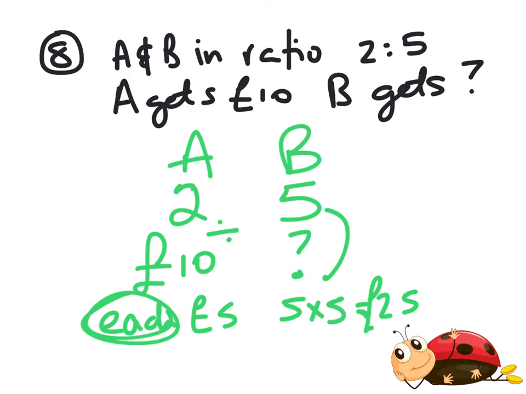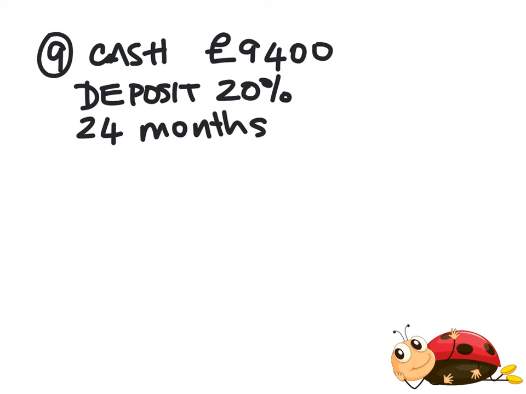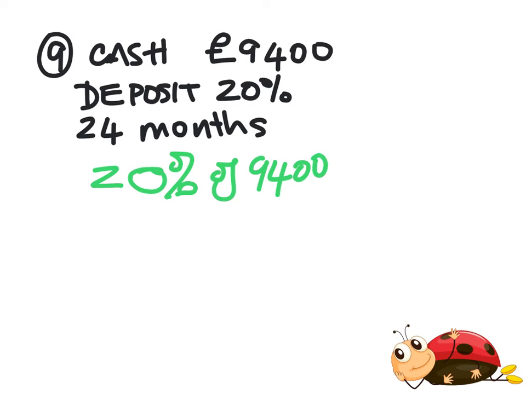And then lastly, here I've got number 9, buying my car. So the cash price is 9,400, so the deposit is 20% of that. So 20% of 9,400 is 20 over 100. What, my pen's not working? Sorry, 20 over 100 times 9,400.